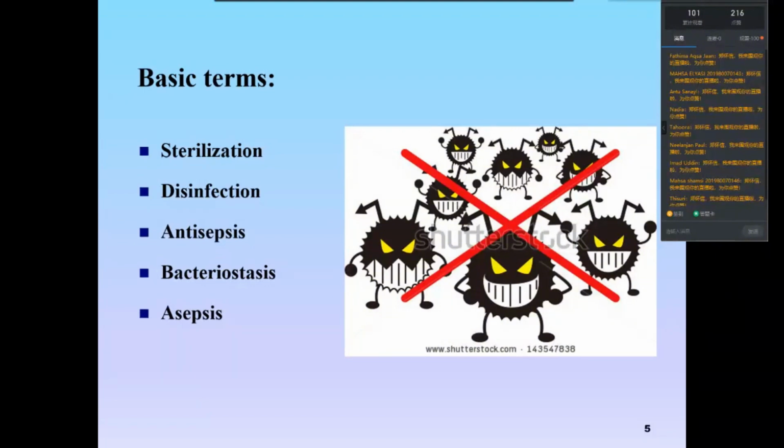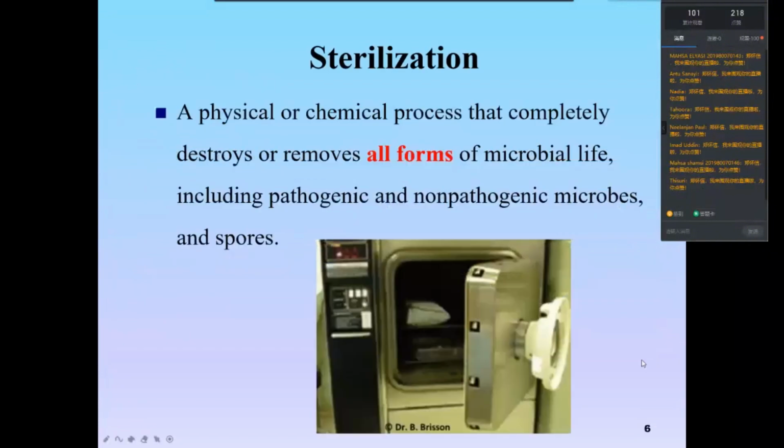Some of the terms are not covered in detail, but I think you can always check your textbook, the one I referred to you, and you can find the definition of these terms. Okay, the first one is sterilization.